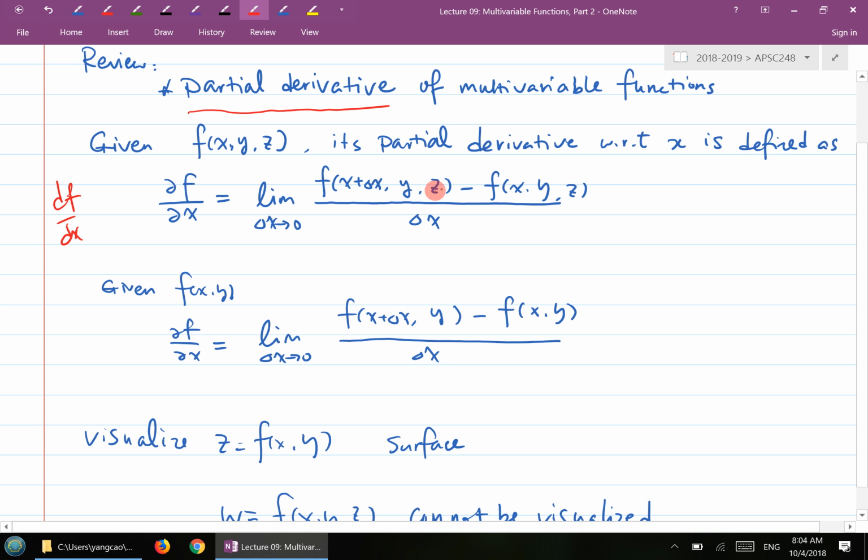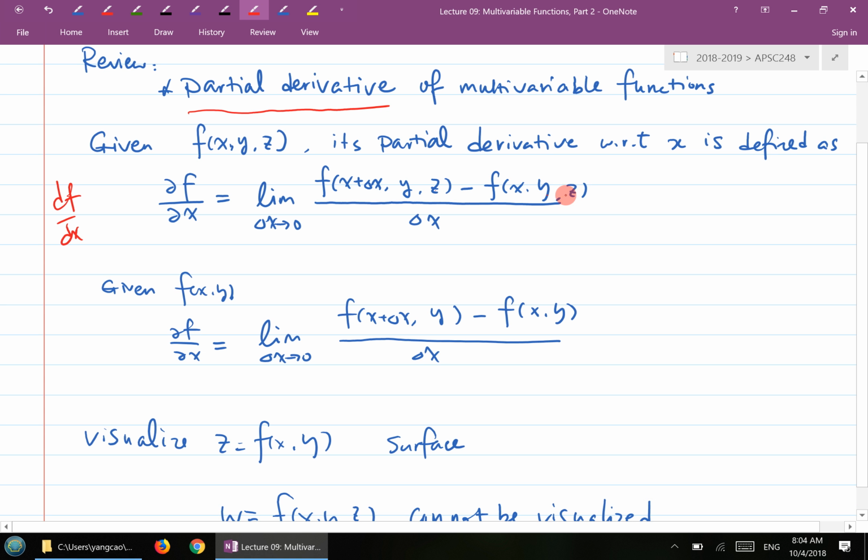Look at the y and the z here. Basically, they are being kept unchanged. If you look at this definition, the only thing changing is x. You're only increasing x by a delta x quantity, and the y and z are kept unchanged.